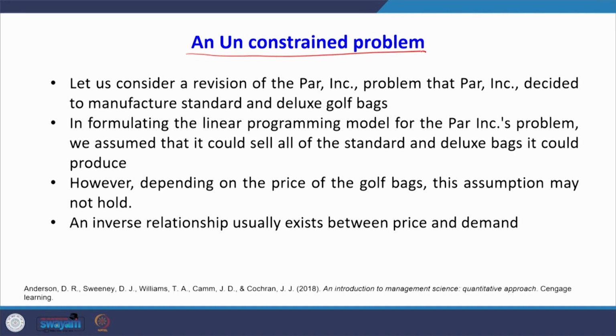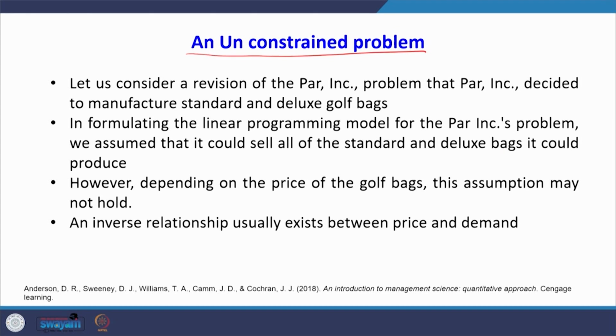What is the meaning of unconstrained? There will not be any constraint. Let us consider the revision of the problem which we have discussed. That company decided to manufacture standard and deluxe golf bags. In formulating the linear programming model for the problem, we assumed it could sell all of the standard and deluxe bags it could produce.